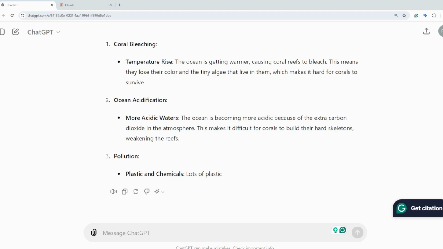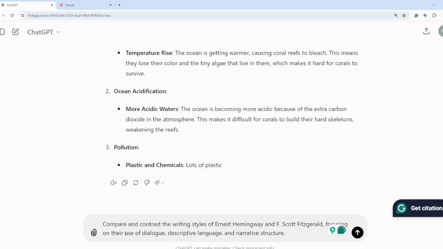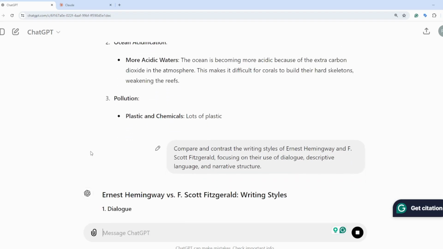So in comparative, you remember we talked about William Shakespeare and Scott Fitzgerald. We talked about some others, but let's see this one, Ernest Hemingway and this different writer. Let's talk about them.